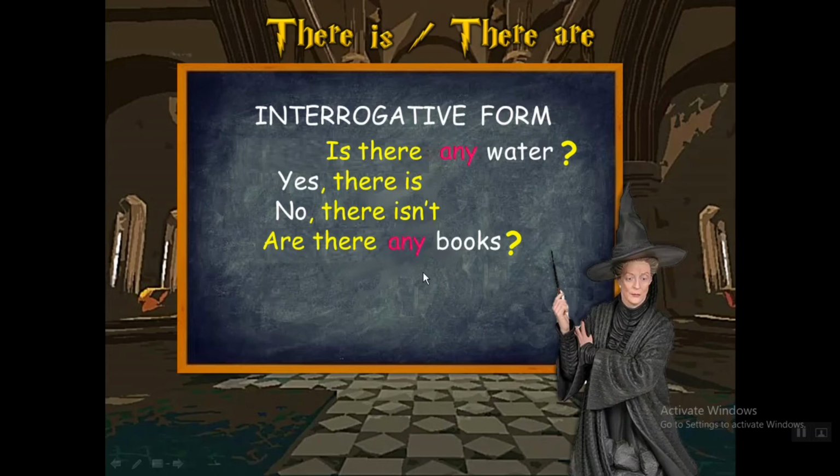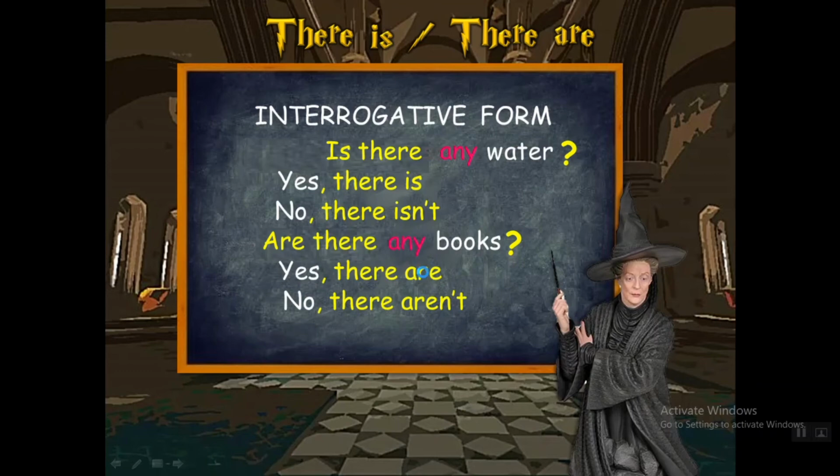So the question, are there any books? The answer could be yes, there are, short answer, and the long answer, yes, there are some books. Or we can say no, there aren't, short answer, or the long answer is no, there aren't any books.